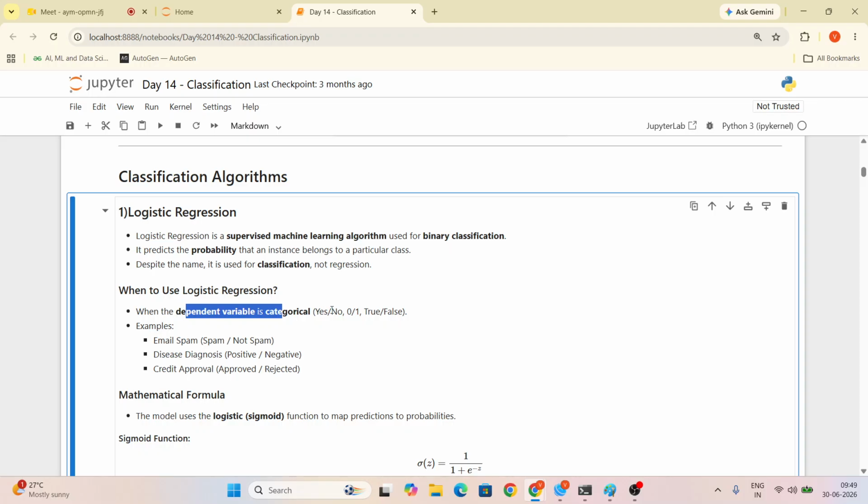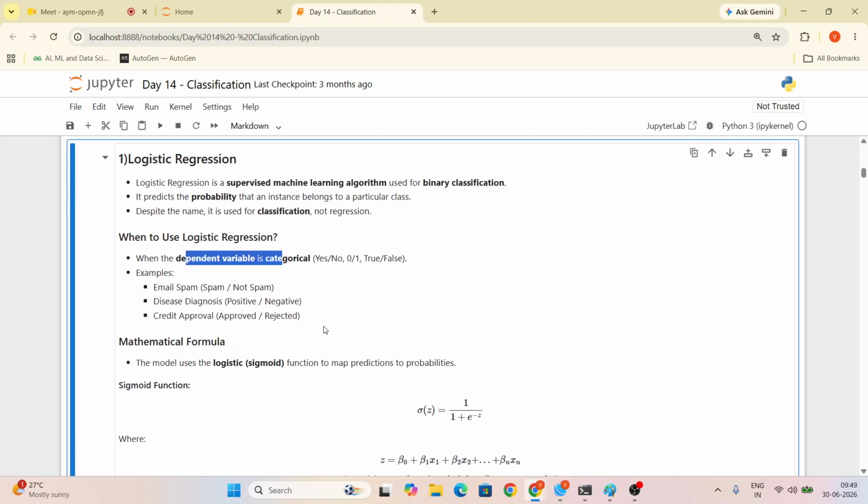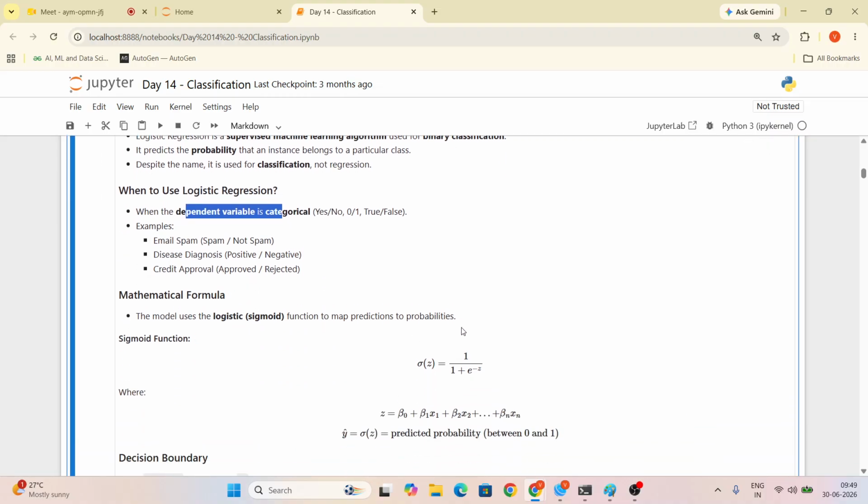It may be spam or not spam, positive or negative diseases, credit card approved or rejected. And this is the sigmoid formula, the logistic regression formula. You no need to memorize it, you can just use the logistic regression function in your coding.